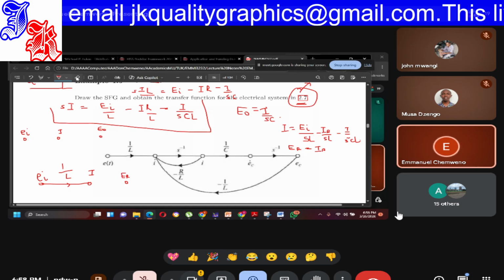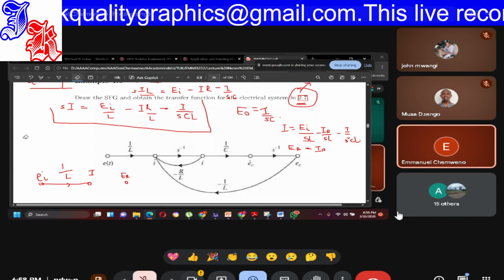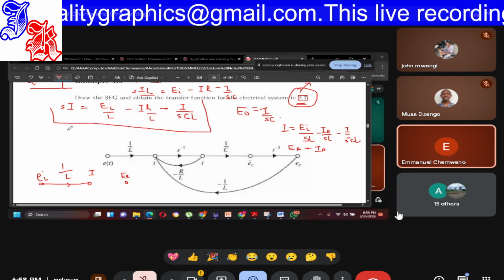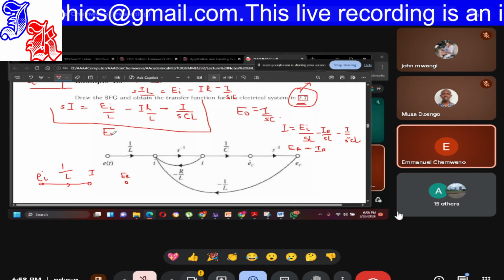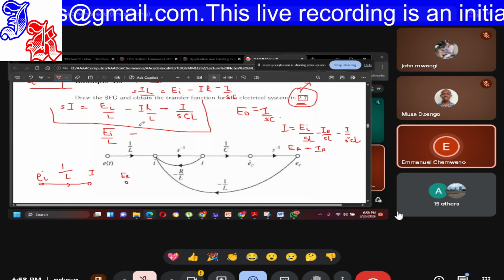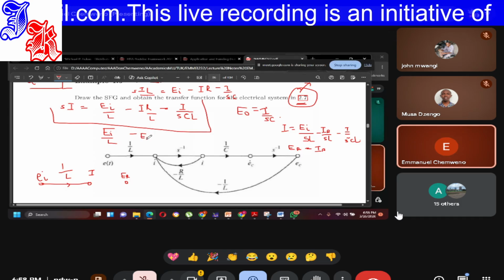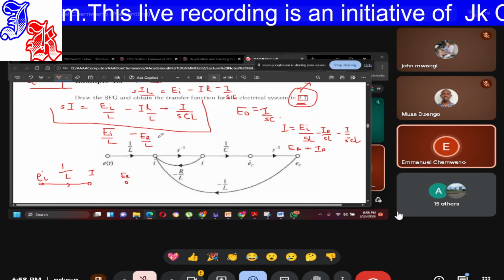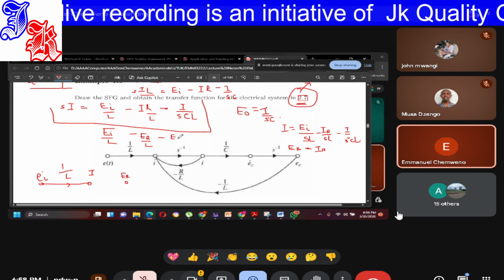Allow me to just rub this out. I think it's a bit confusing. This is EI over L minus ER over L minus EC over L.